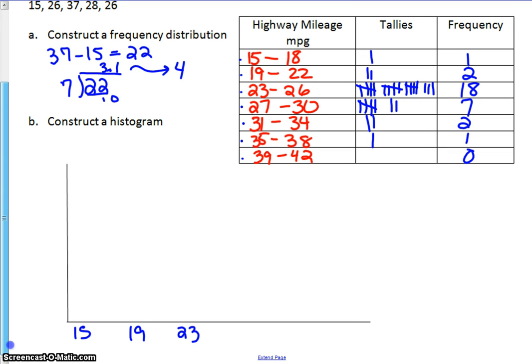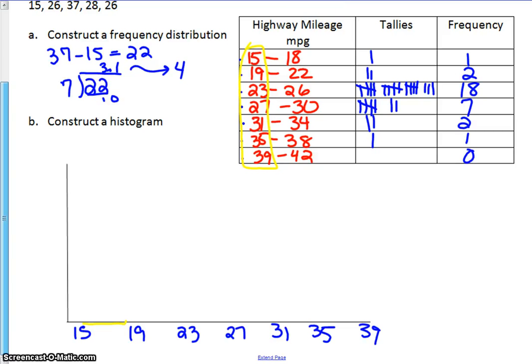I'm going to have 23, 27, 31, 35 and 39. If you notice, what I'm actually writing down are the first numbers, because I don't want to write down 15 to 18 and then 19. So what's in this little category right here is 15 right up to 19, but not quite 19. I just wanted to emphasize that.